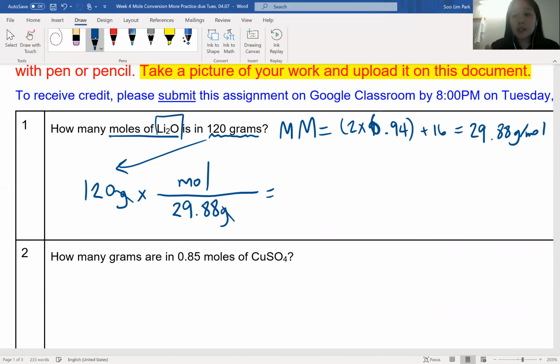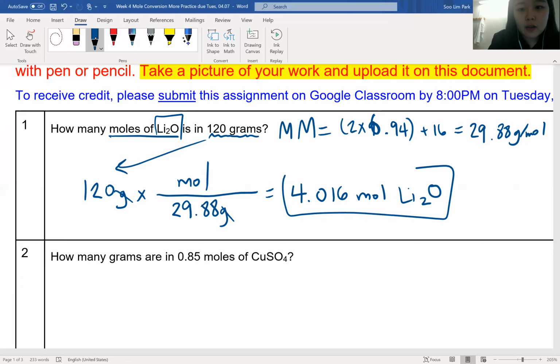If we plug this into the calculator, it's 120 divided by 29.88. It's going to be 4.016 moles of Li2O, lithium oxide. All right, so that's number 1. I'm just going to square my answer.